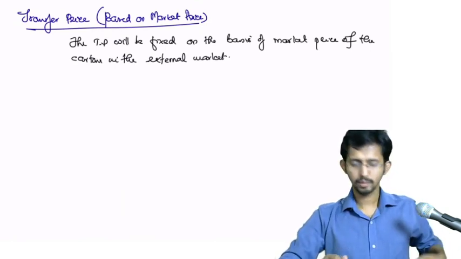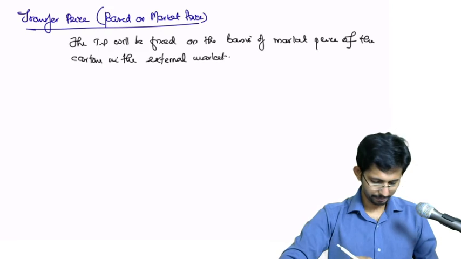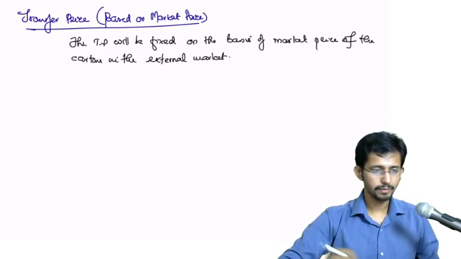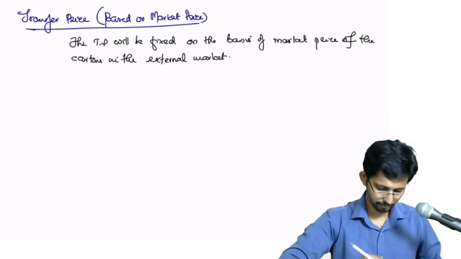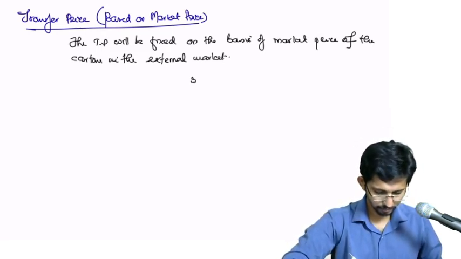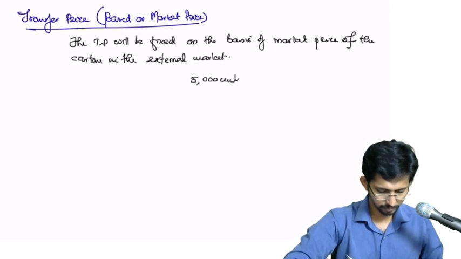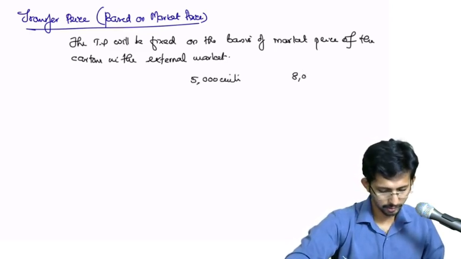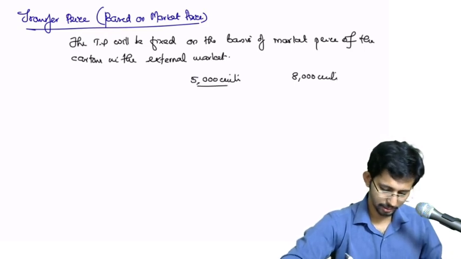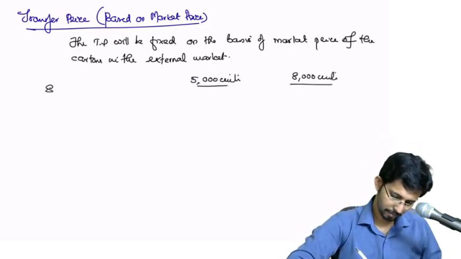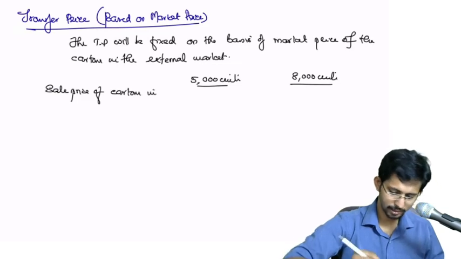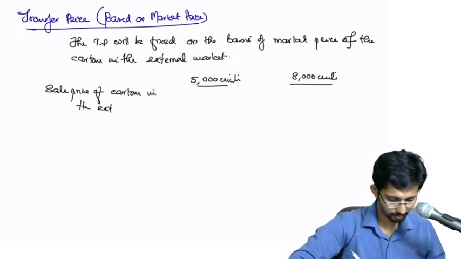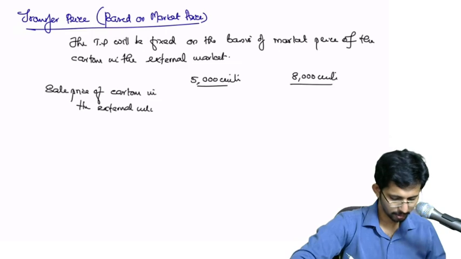Okay, so what you have to do here, 5,000 units, 8,000 units, sale price of cartons in the external market.